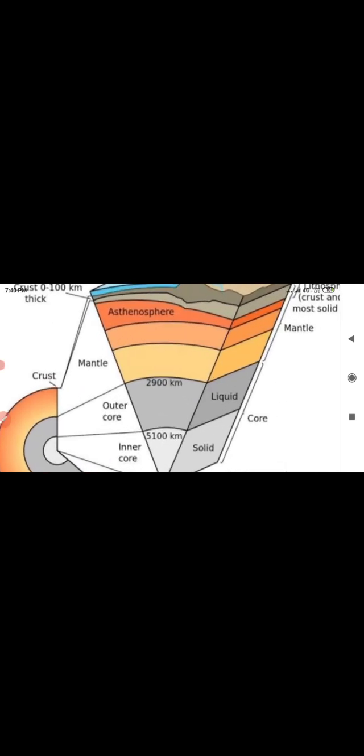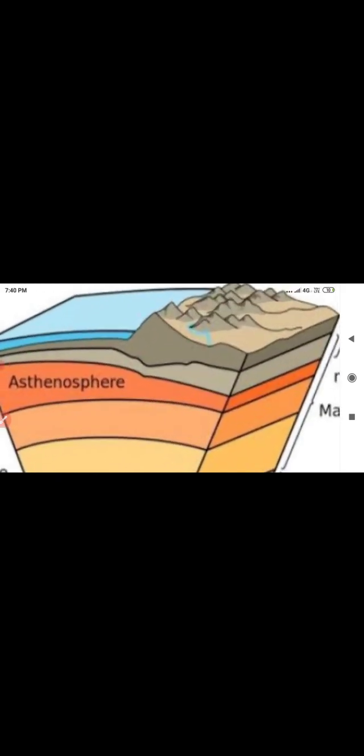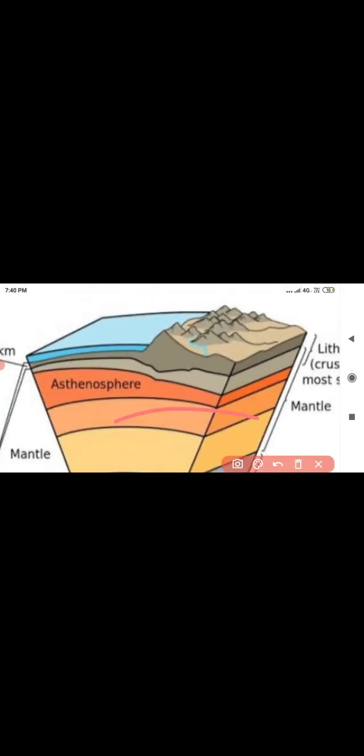Now what is the lithosphere? In this image we can see that this is oceanic crust, this is continental crust, and here we can see a thin layer, that is the upper mantle.